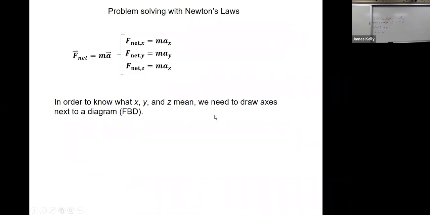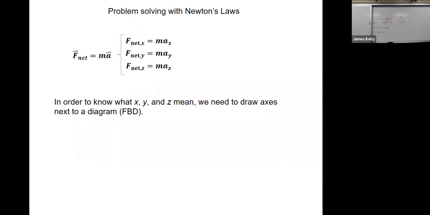Okay, and then to use Newton's second law to solve, we're not used to, perhaps in Physics 110, writing down equations that have vectors on both sides. But all that means when I have a vector equation is that in order for two vectors to be equal, the x components have to be equal, the y components have to be equal, and the z components have to be equal.